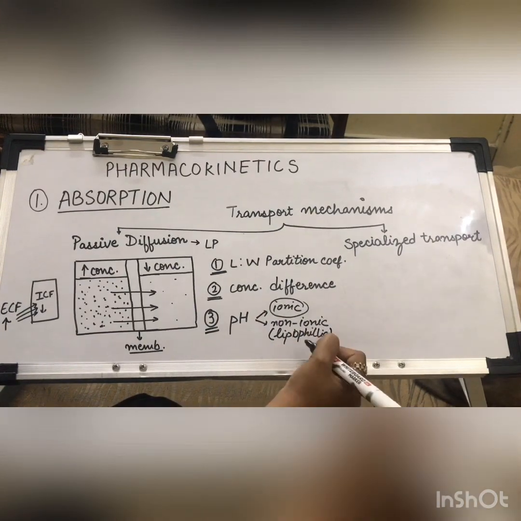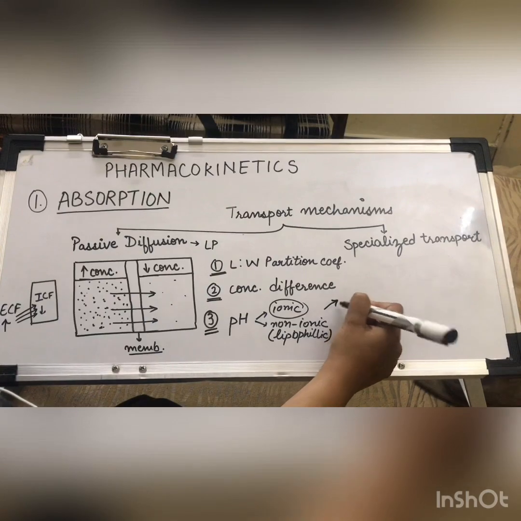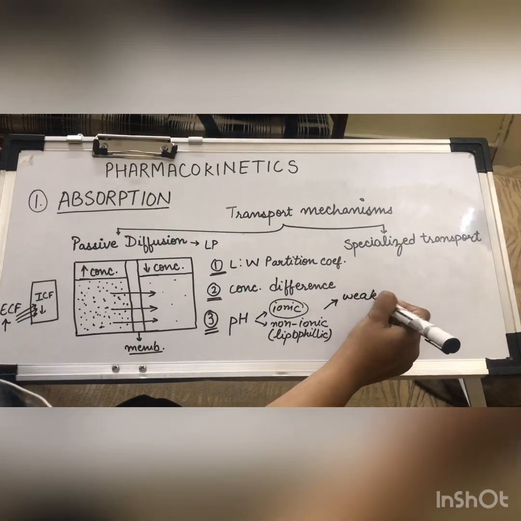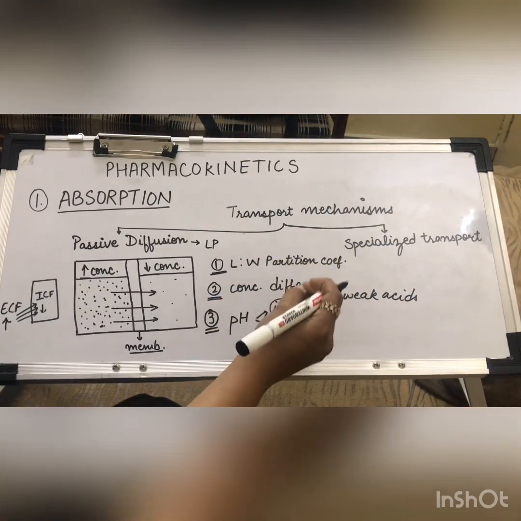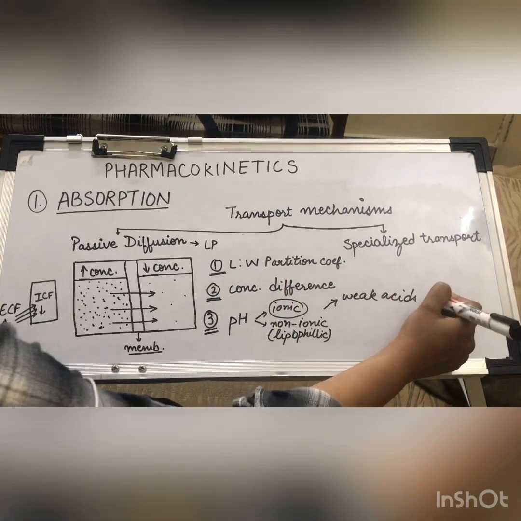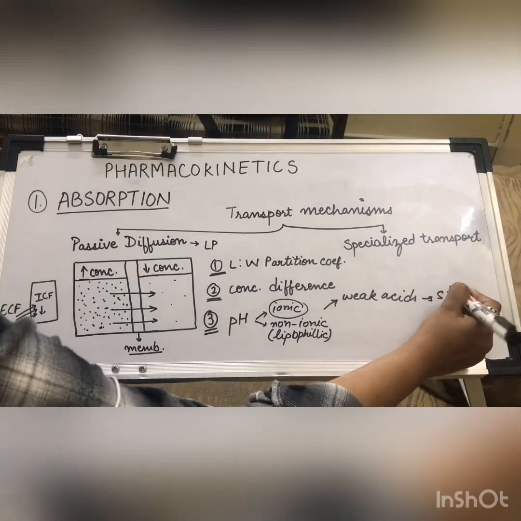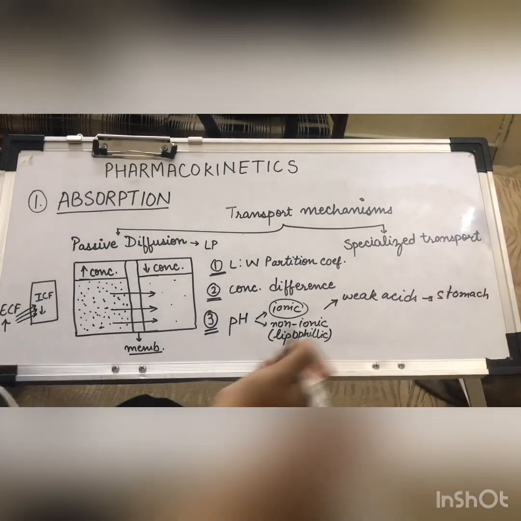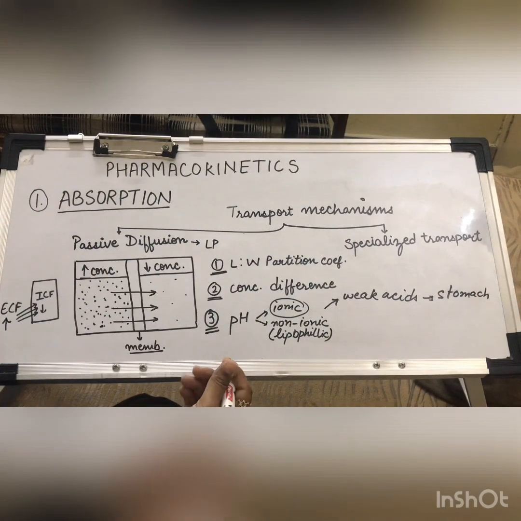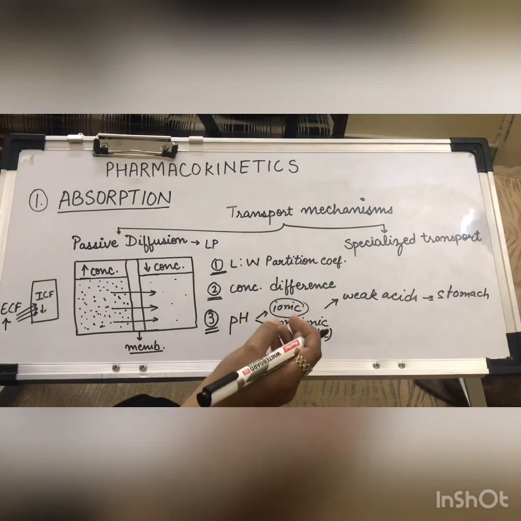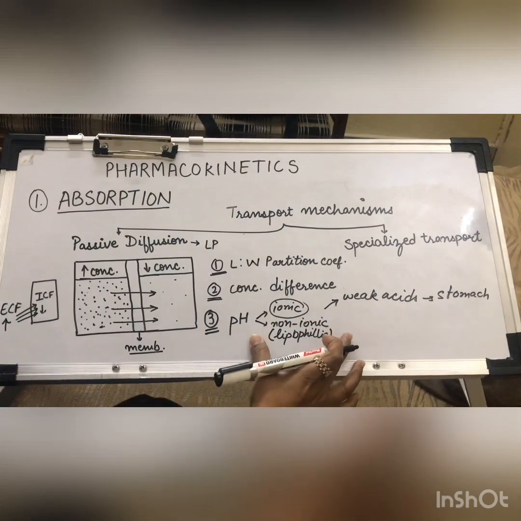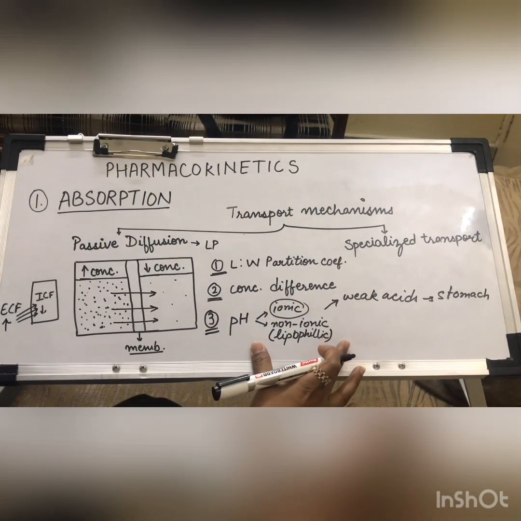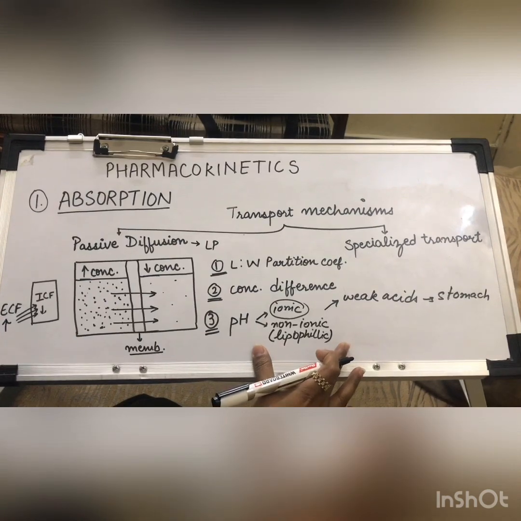And because of this phenomena, we can say that the weak acids are readily absorbed in the stomach. Why? Because in the stomach, because it is acidic pH, and these weak acids will not be ionized, so they remain in the non-ionic, unionized state, and they are readily absorbed.